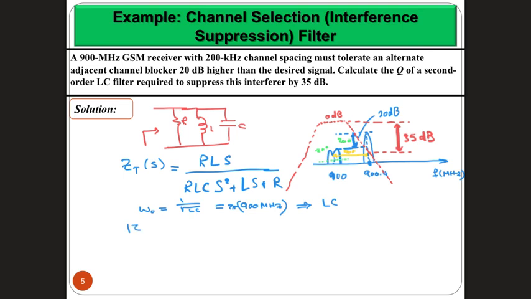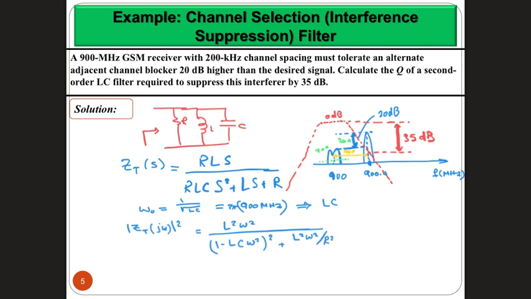The magnitude squared of this filter as a function of j omega, or S if you want, is equal to L squared omega squared divided by (1 minus L C omega squared) all squared, plus L squared omega squared divided by R squared.